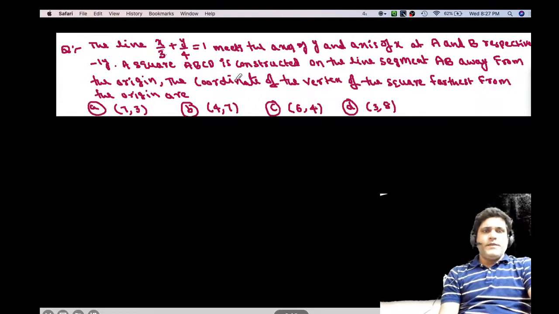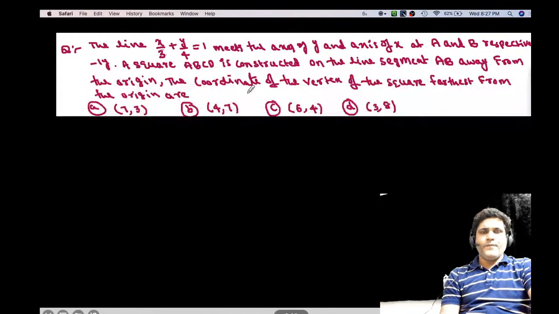The line x by 3 plus y by 4 is equal to 1 meets the axis of y and axis of x at A and B respectively.